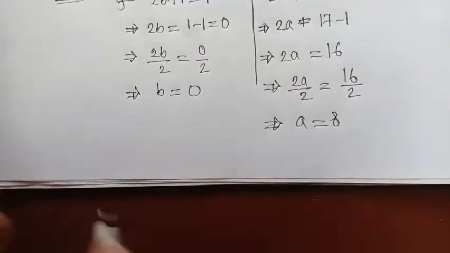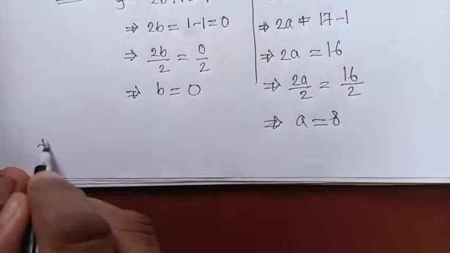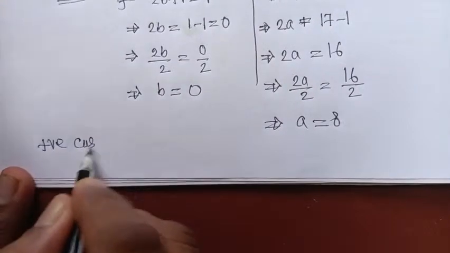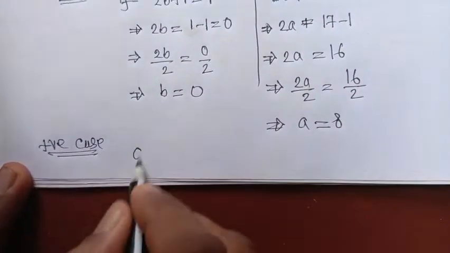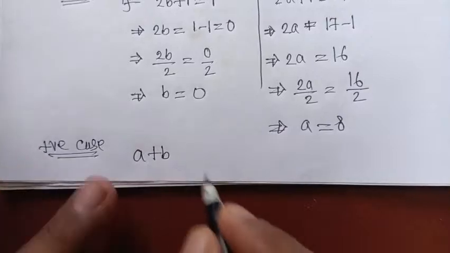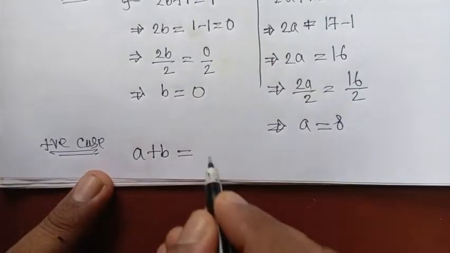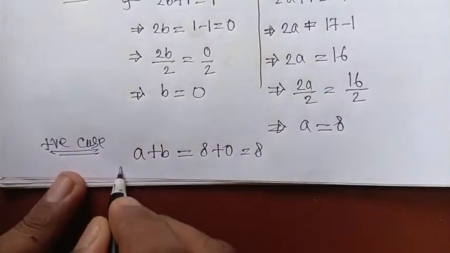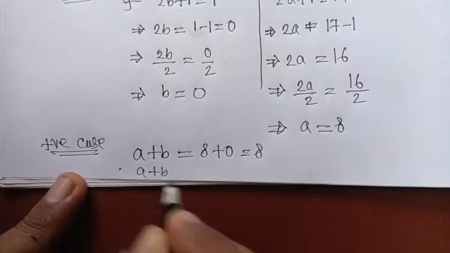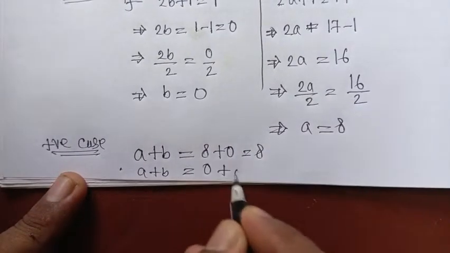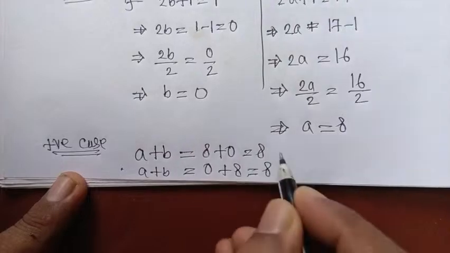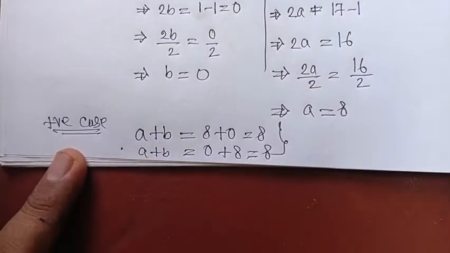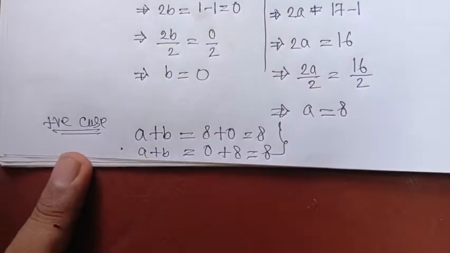So for all the positive cases, the value of a plus b will be either 8 plus 0 equal to 8 or a plus b equals 0 plus 8 equals 8. So for both these cases it will be 8.